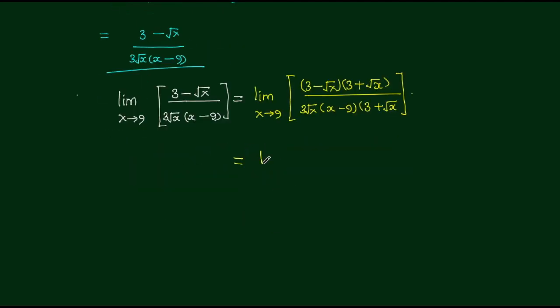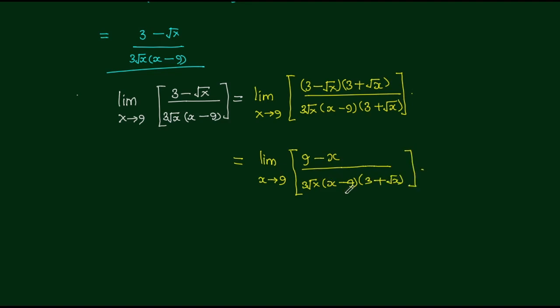So let's move on here and multiply the numerator and maintain the denominator as before. Then we have the limit as x tends to 9 of 9 minus x, all over 3 root x times x minus 9, then we close that bracket, times 3 plus root x, and this bracket is closed.